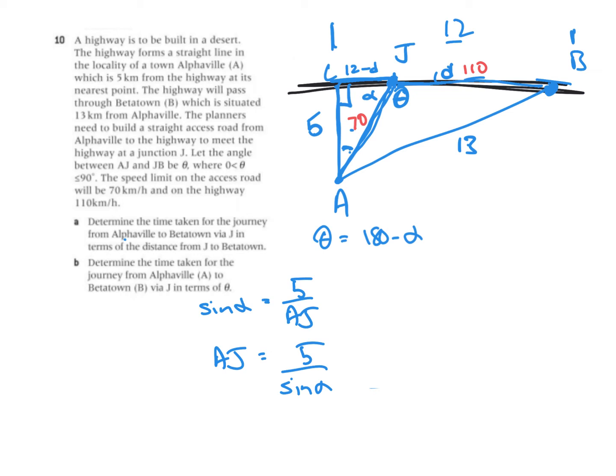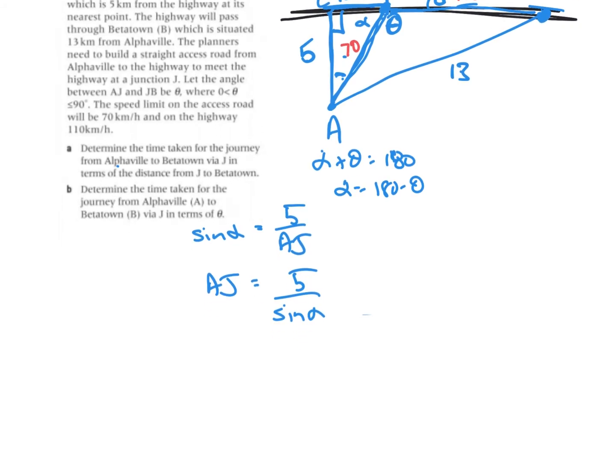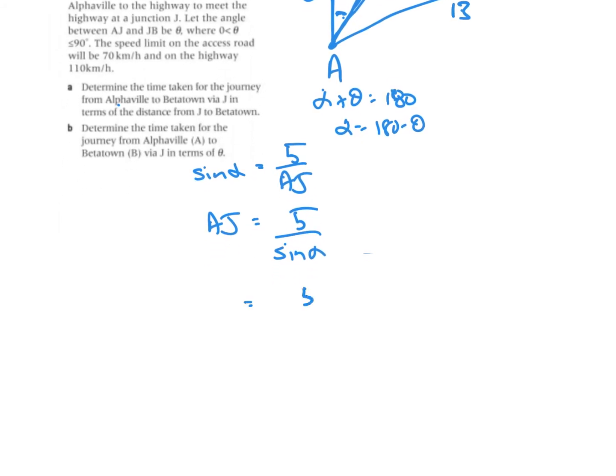And I know that alpha plus theta is equal to 180. So if I want to get rid of alpha, alpha is equal to 180 minus theta. So I then can say 5 over sine of 180 minus theta. So there's the first part.